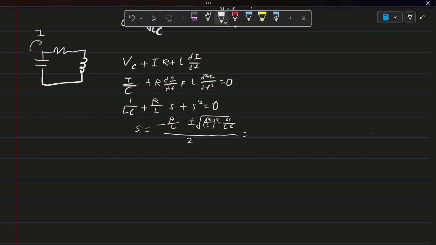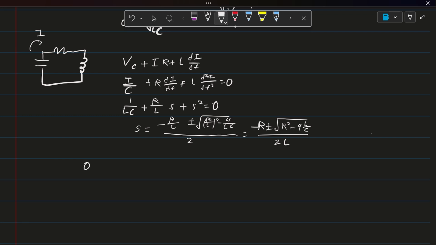Now you could simplify this further just by multiplying the top and the bottom by L. So you could get negative R plus or minus the square root of R squared minus 4L over C, divided by 2L. Now remembering the idea of discriminants, you could also determine the solution to your characteristic polynomial.